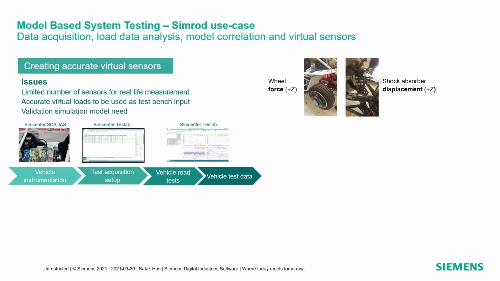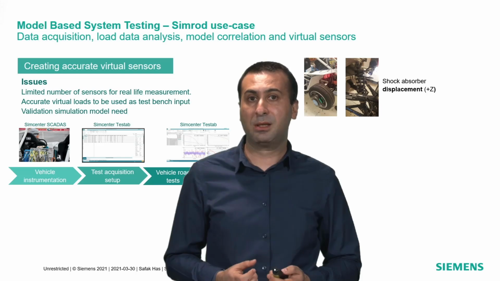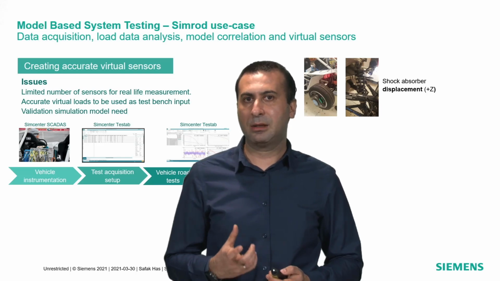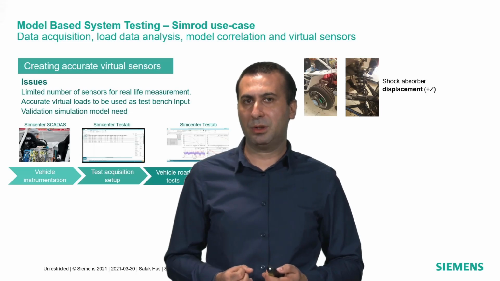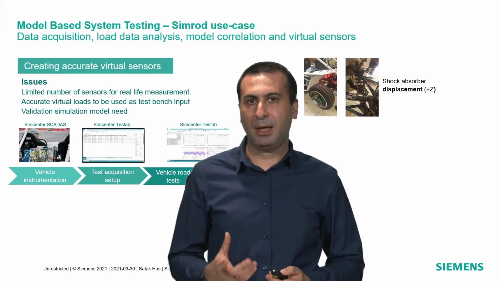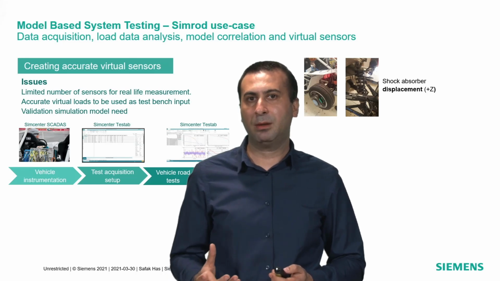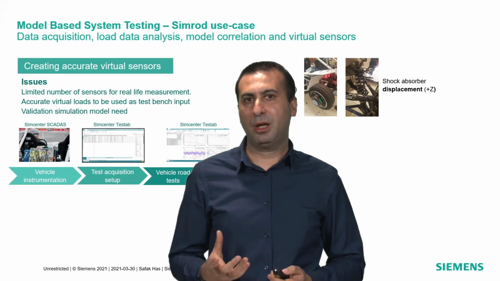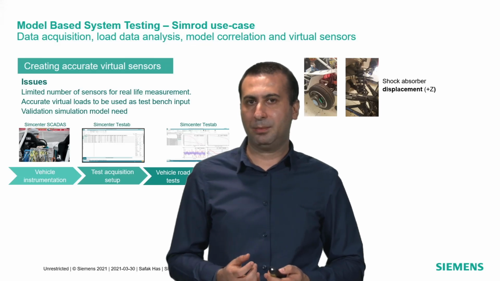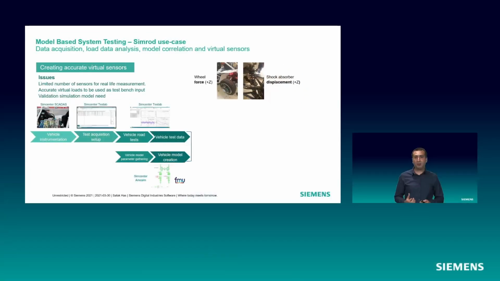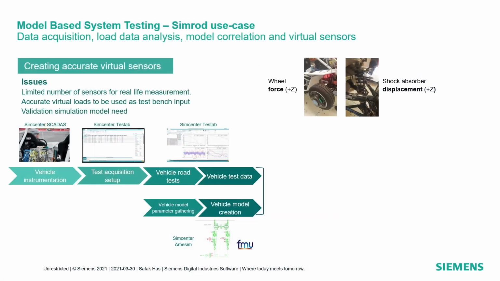Then again, I used exactly the same software, Simcenter Testlab, in order to classify these loads that I acquired from the real-life conditions. Because I also need to do some analysis based on some durability fundamentals. It will also be important for the further steps, let's say. So in parallel, what I also did is that I used Simcenter MBST in order to create a model which represents the full suspension of my car.